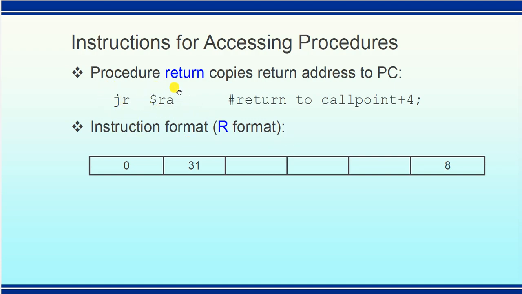Then I only have one source operand left. For this instruction, I put the source operand, which is RA, the return address register, which has the index 31, into the rs segment. In other words, jump and return uses R format, and I only take advantage of three segments: the operation code, which is 0; the function code, which is 8; and the rs segment, which stores the index of the return address register, which is 31.